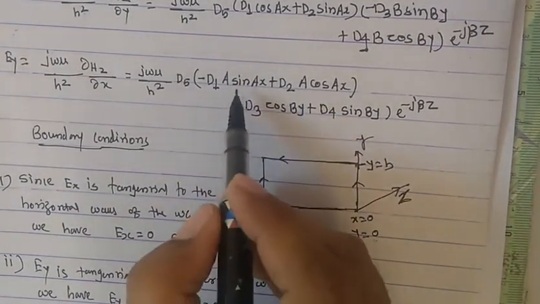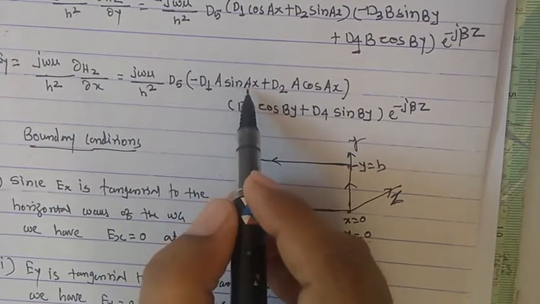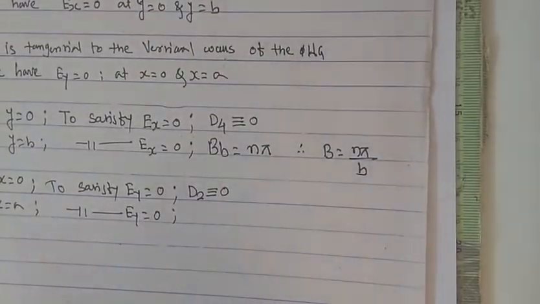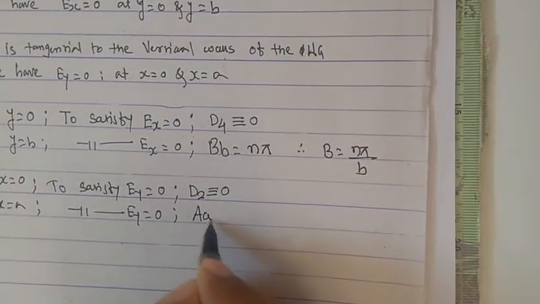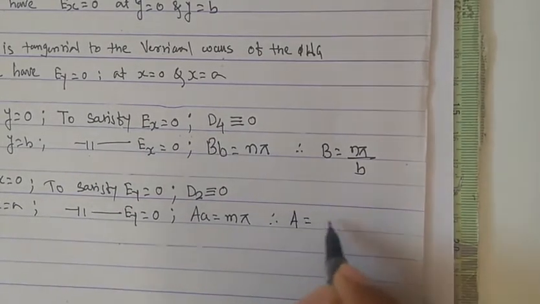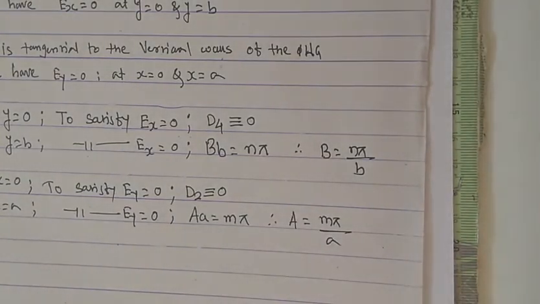So this is sine function, and when it will be 0? At multiple of pi. So x equal to a must be some integer multiple of pi. Therefore the constant a is equal to m pi by a, exactly similar to that of TM mode analysis.